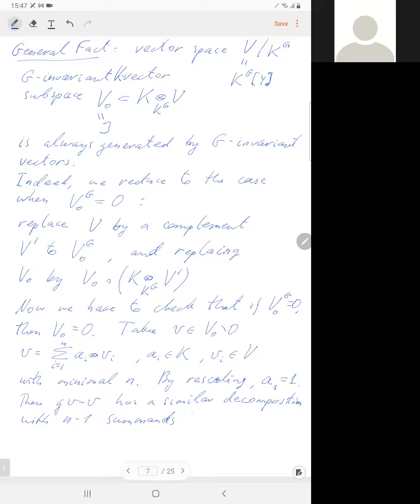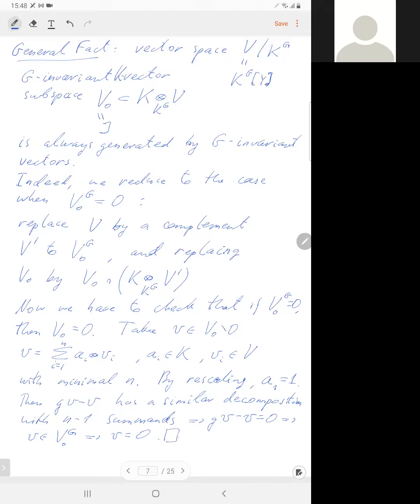So it must be 0. So V must be invariant, but we know that there are no invariants. Okay.